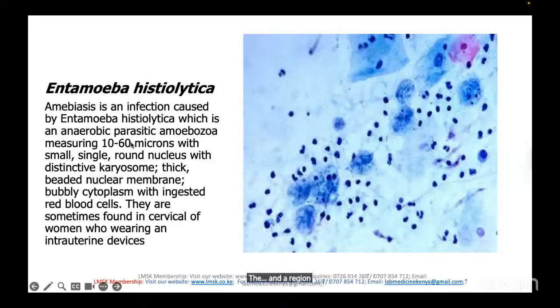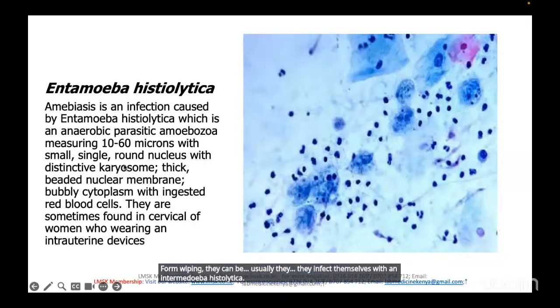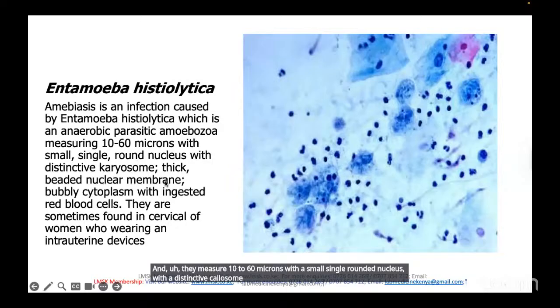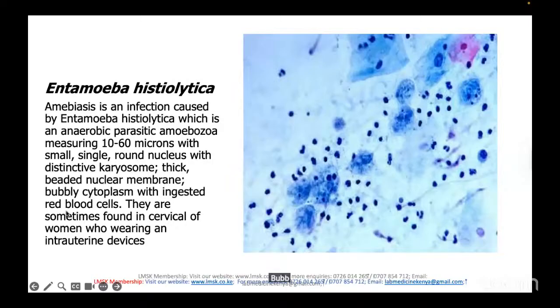If they do poor wiping, they usually infect themselves with Entamoeba histolytica. They measure 10 to 60 microns with a small single round nucleus with a distinctive karyosome, thick beaded nuclear membrane, and bubbly cytoplasm with ingested red blood cells. So these are the organisms, the Entamoeba, that we are talking about.